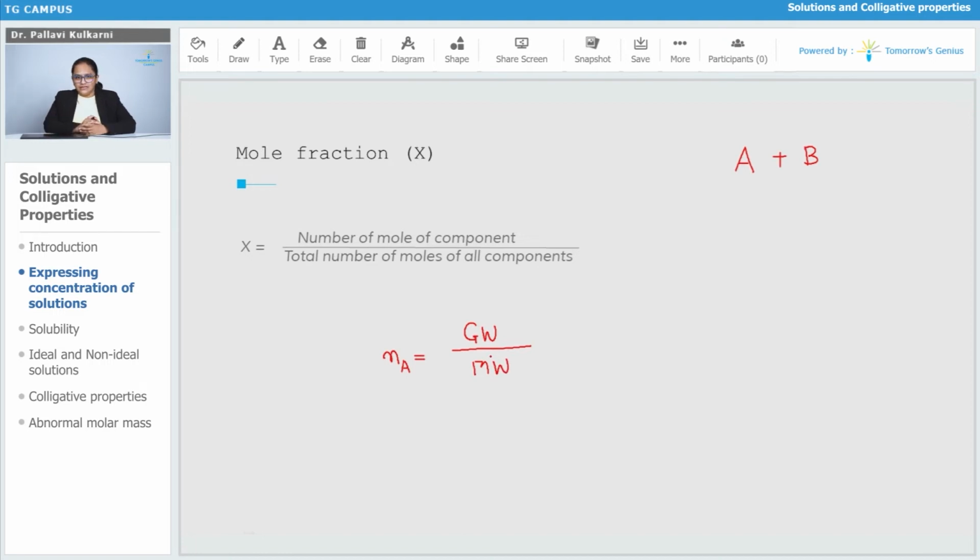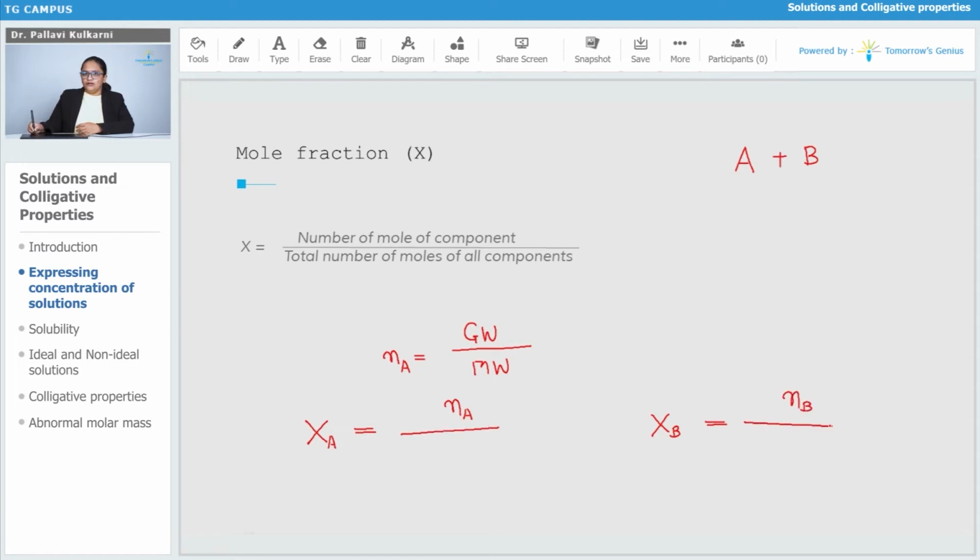This is how I can find out Na, the number of moles of A, as well as Nb, the number of moles of B. Now I can find out the mole fraction of A, as well as the mole fraction of B. If I am finding the mole fraction of A, then Na will be in the numerator. If I am finding the mole fraction of B, Nb will be in the numerator.